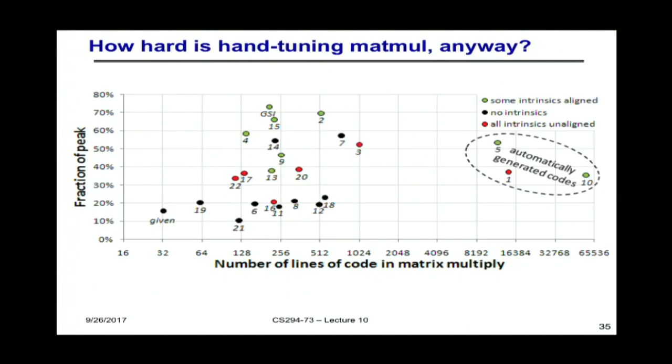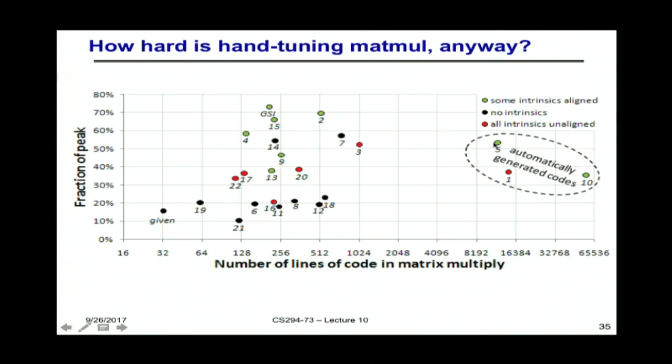That's perfect. You minimize the number of loads you need. So that's this green one. And the number of lines of code is not too huge. It's only 256. The baseline given one is 32. It's a blocked version of matrix multiplication.